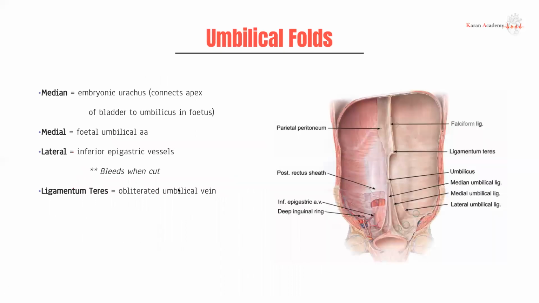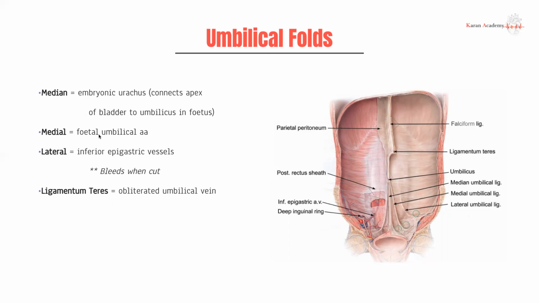Now, with your umbilical folds, you have three major folds: the median, medial, and lateral. The median connects the apex of the bladder to the umbilicus in the fetus and helps with genitourinary system development.